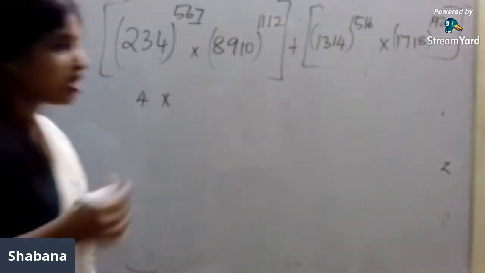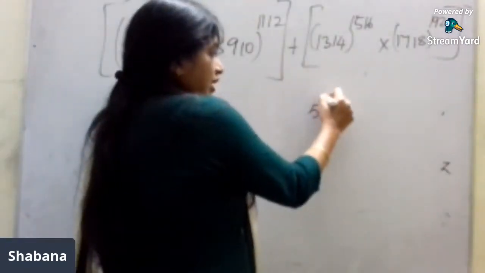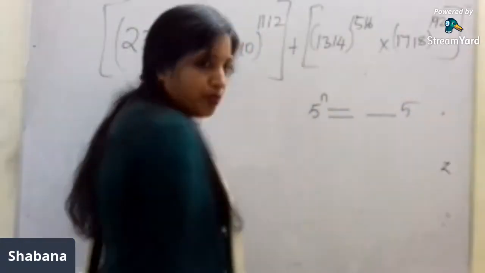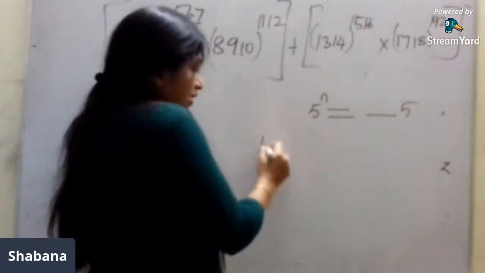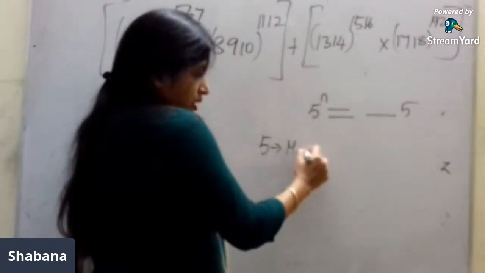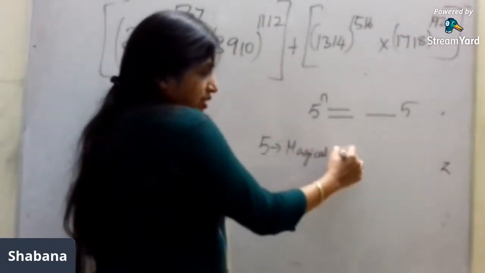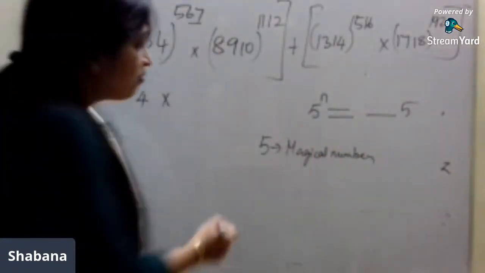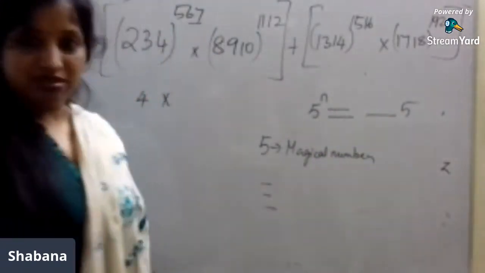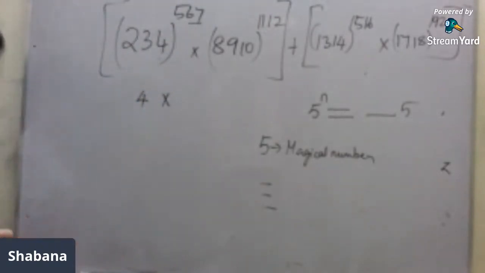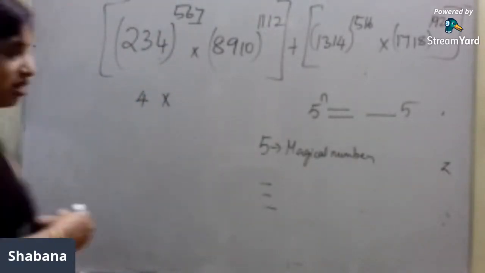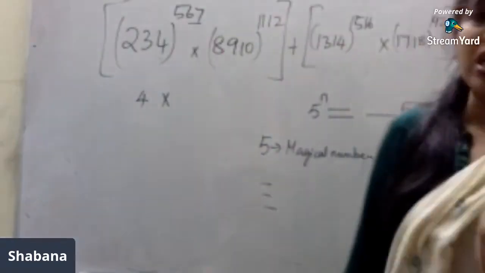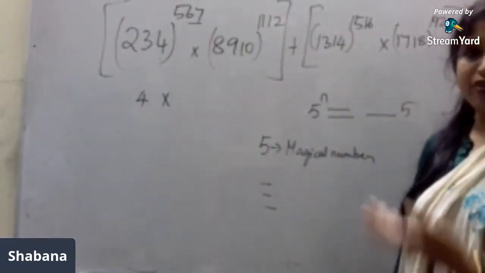Now coming back to this, I said 5 to the power of any number gives you 5 in your units place, right? That's why I term 5 one of the magical numbers. I have 3 other numbers like this. Any such number in the place of Z will give you the same number at the end of your evaluation.